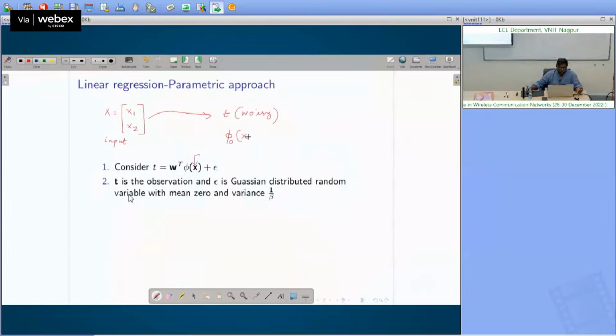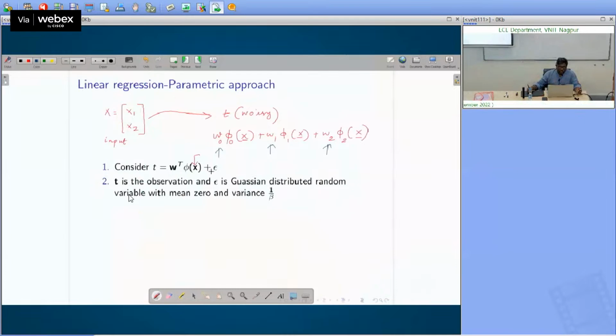Phi naught of x: remember that the input to this basis function is a vector, and it is multiplied with a scalar w naught, plus w1 phi 1 of x plus w2 phi 2 of x. Let us consider here only three coefficients, W0, W1 and W2, but you normally have more, hundreds of coefficients available, right?